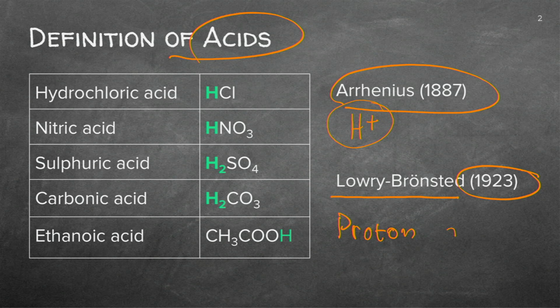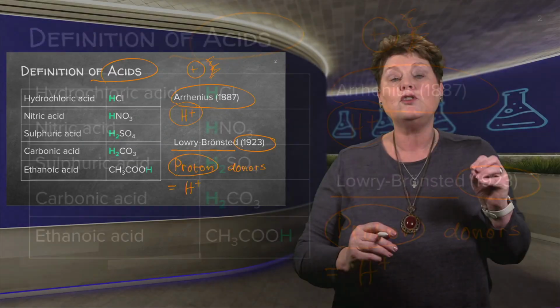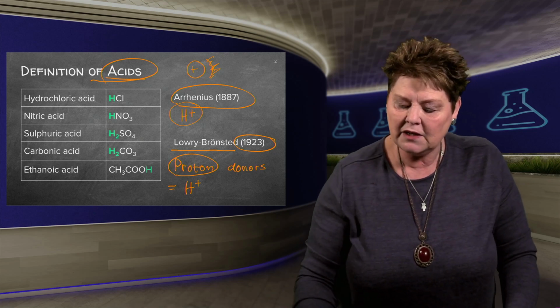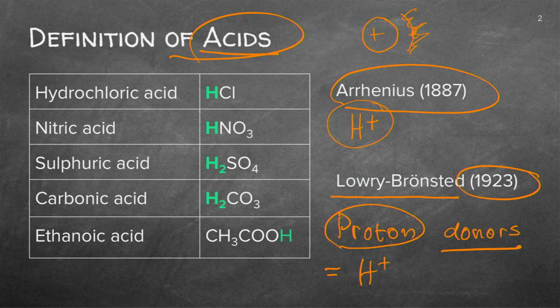And in a previous lesson, we did explain why we can say an H plus is a proton. Because it gave away its only electron, so it's only the proton remaining. So it's the transfer of protons. And in the case of an acid, it will donate the hydrogen.